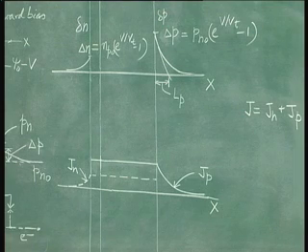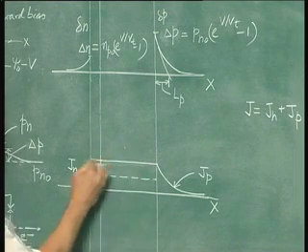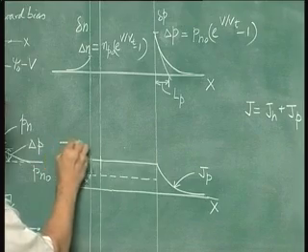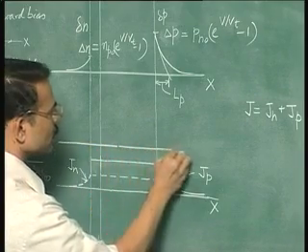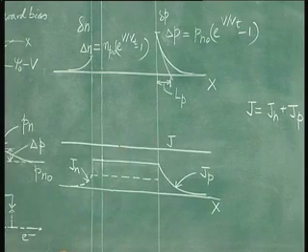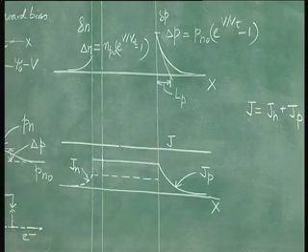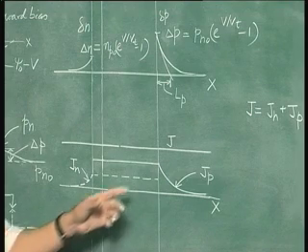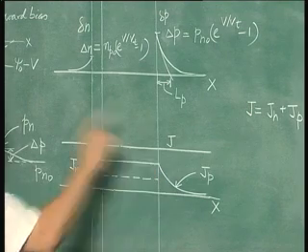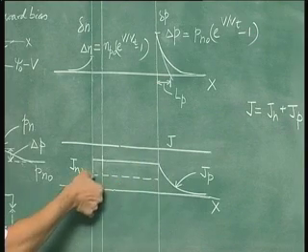And now therefore we know the total current, so I must add this and this to get the total current. So that is shown here. That will be the total current J everywhere. So this is how I have determined the total current J. I can easily write an expression for J based on this, because I know what is Jp here and I know what is Jn here.